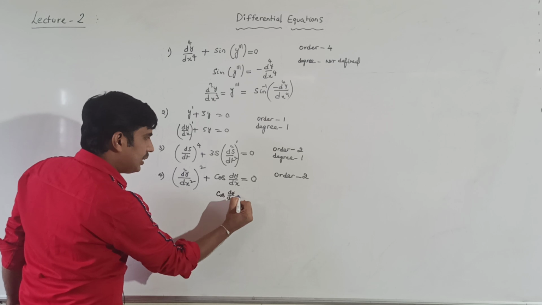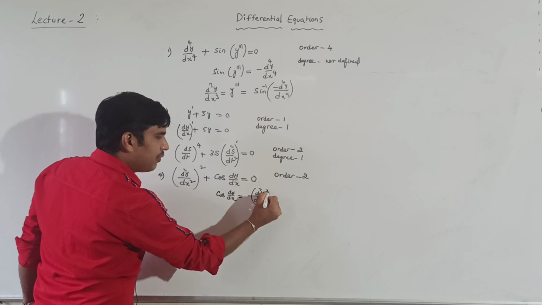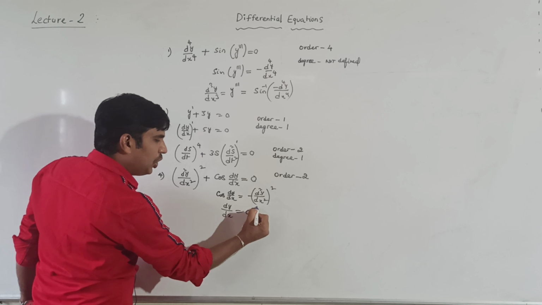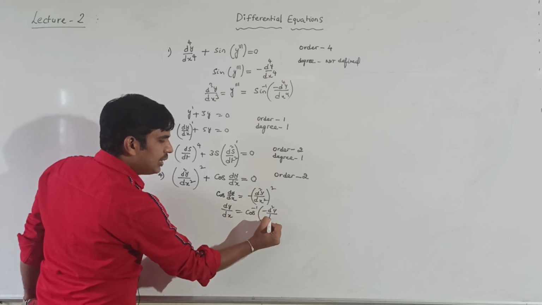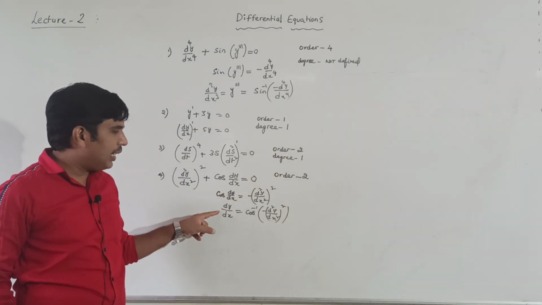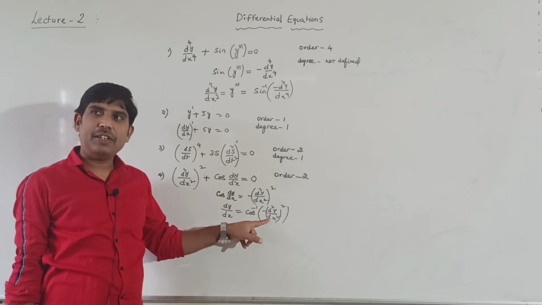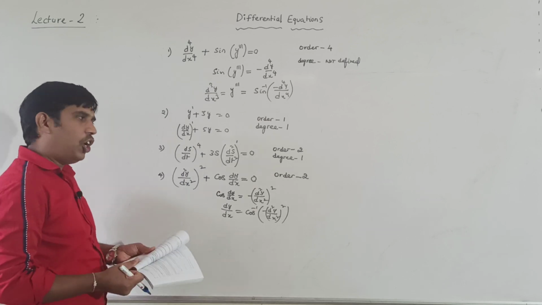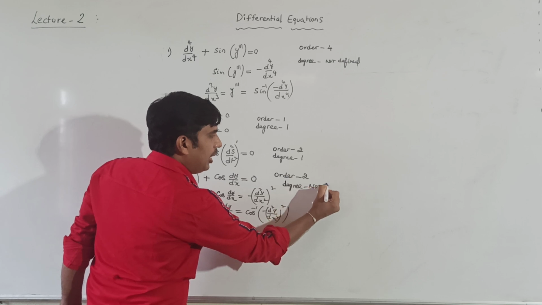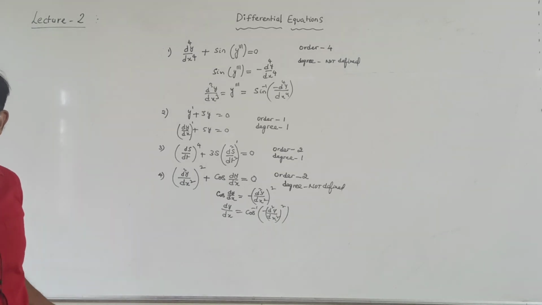Cos dy by dx is equals to, what can you write? Minus d square y by dx square whole square. If you eliminate dy by dx, we write cos inverse of minus d square y by dx square whole square. Again we are getting a transcendental function including derivatives. Hence degree is not defined for this differential equation. Understood?